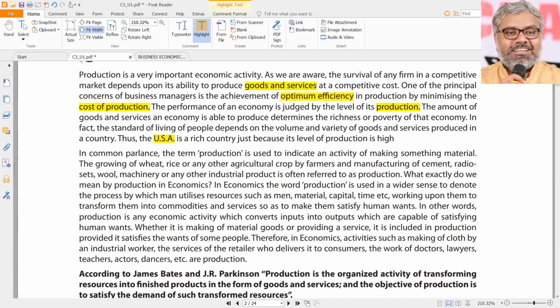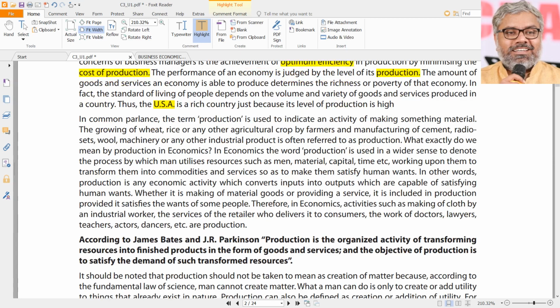So just for understanding the importance of production as a concept, you can even understand the entire international equations of the state of economy of any country. Also, ultimately, when you go down to the realities, it will depend upon its production only. That much important the production is.